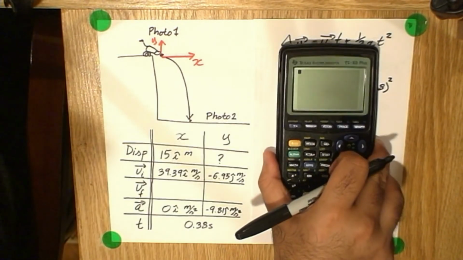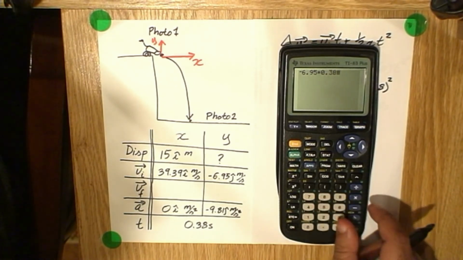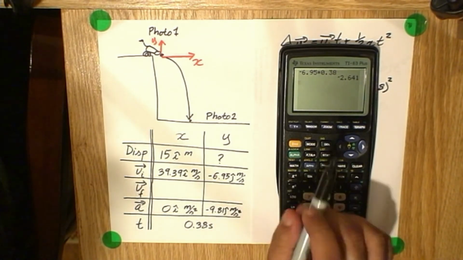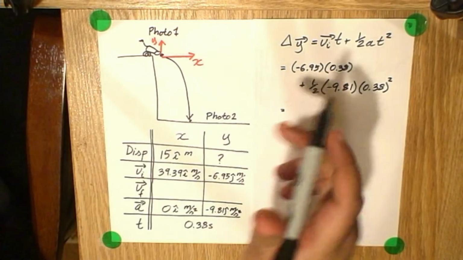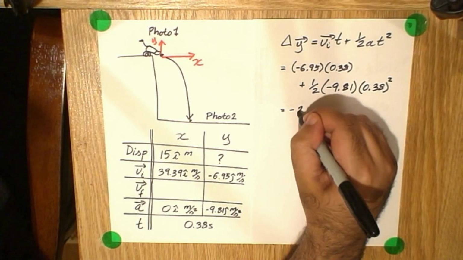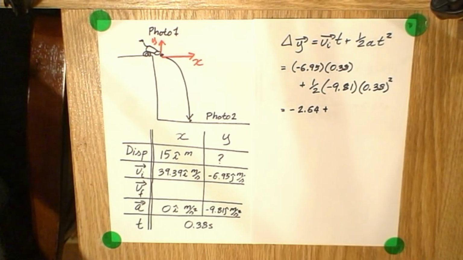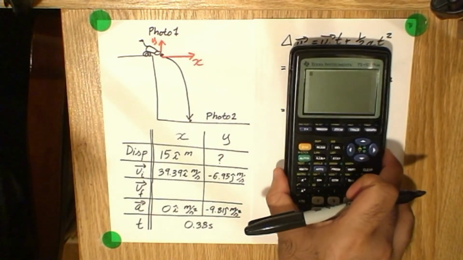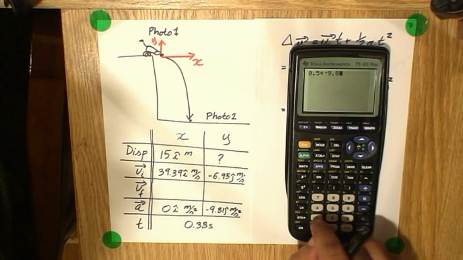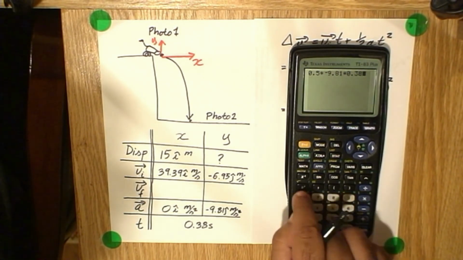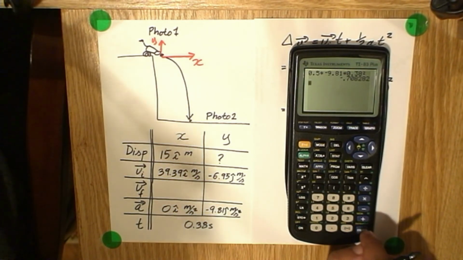So, negative 6.95 times 0.38 is negative 2.64. And 1/2 times negative 9.81 times 0.38 squared equals negative 0.71.